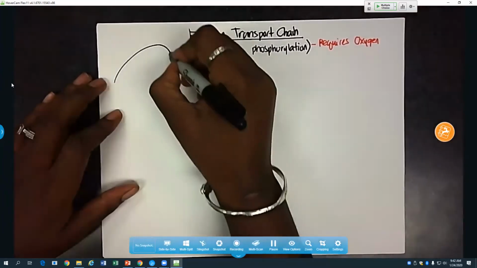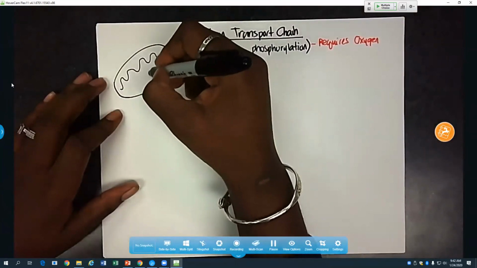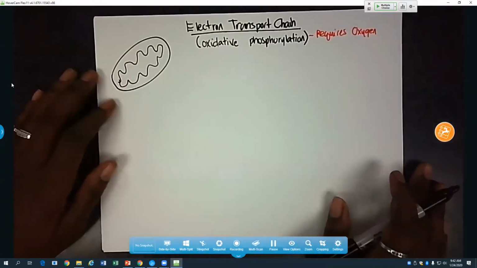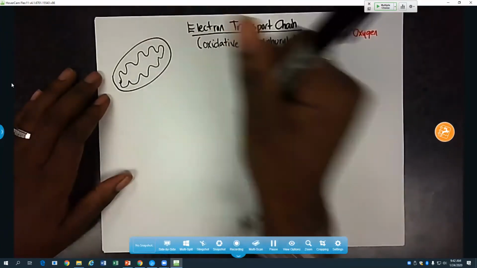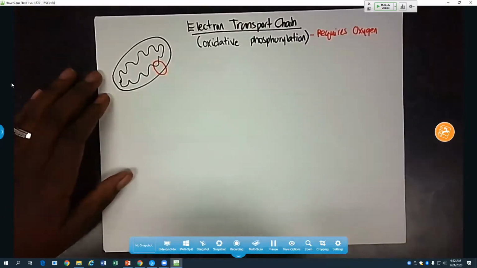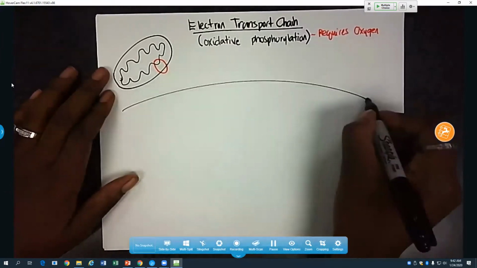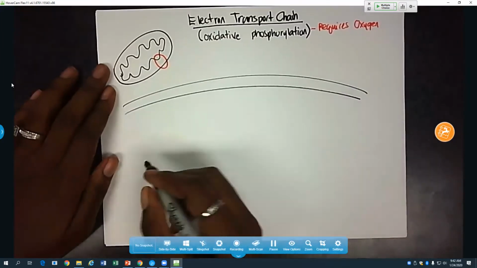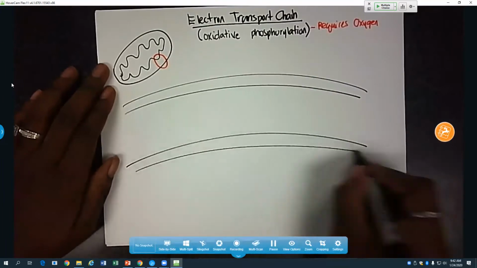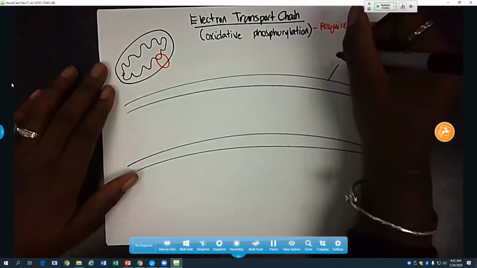We have our mitochondria. You know that it has this double wall. It has two membranes, an inner and an outer. And so across this area of the mitochondria is where we're kind of focusing. This is the outer membrane.